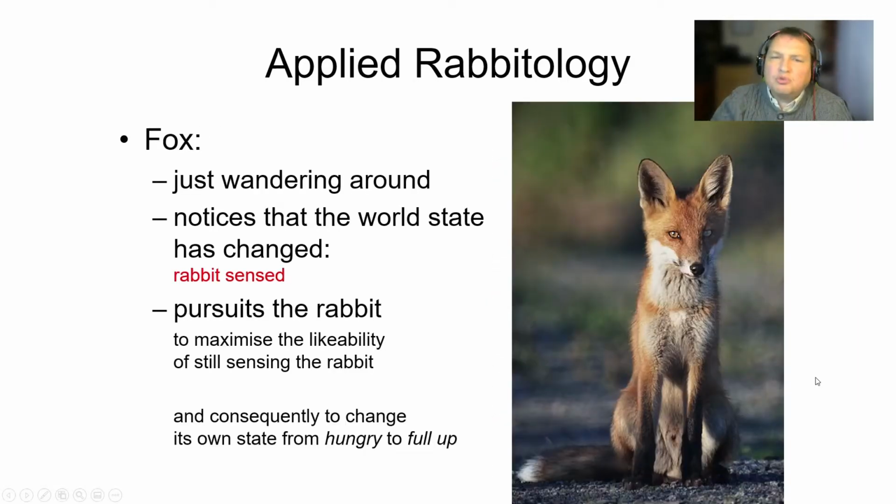And now the meaning of being a fox. They are just wandering around, but sometimes they can notice that the world state has changed, the rabbit has been sensed. So they act by pursuing the rabbit to maximize the chance of still sensing the rabbit, and consequently to change their own state from hungry to full up.